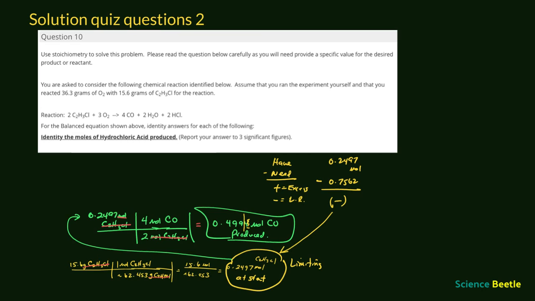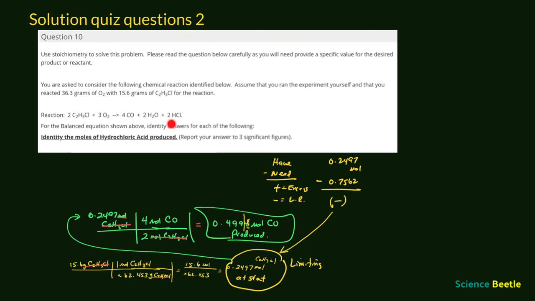Remember that in green, we were trying to figure out how many moles of carbon monoxide were produced. The only thing that needs to change here is the ratio, which was 4 to 2 because the carbon monoxide coefficient was 4 and the limiting reactant coefficient was 2. In this particular case, we're looking at hydrochloric acid.